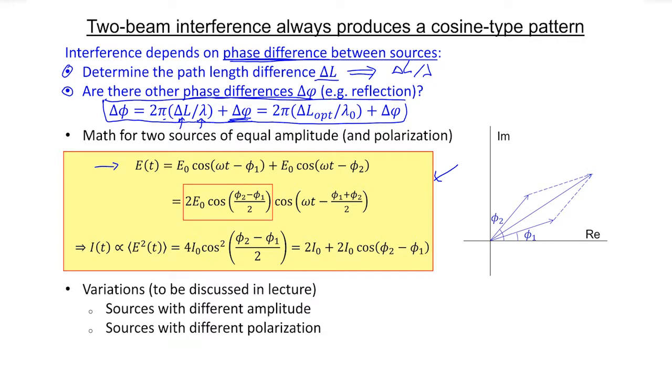If you calculate the total field, you have to sum the field of one source and the field of another source, and the phase difference between the sources is the crucial part. To get this equation right, you hopefully remember the phasor diagram that I showed in one of the previous lectures, where phasors are arrows in the complex plane that rotate at the angular frequency omega.